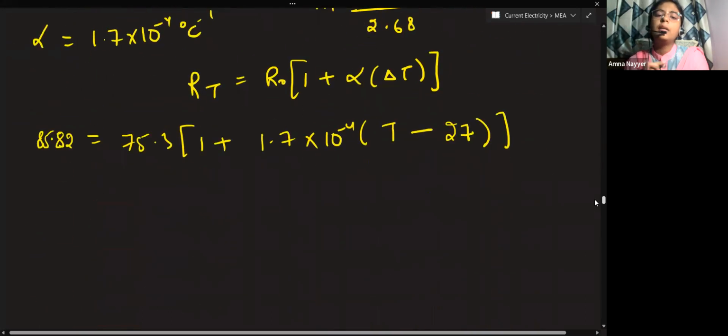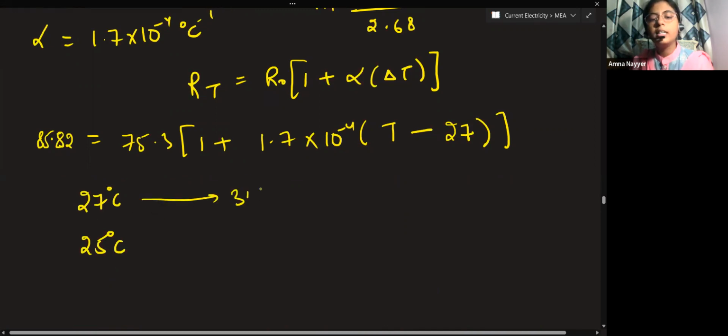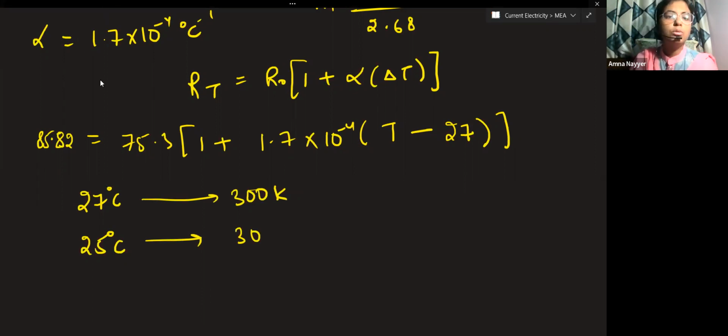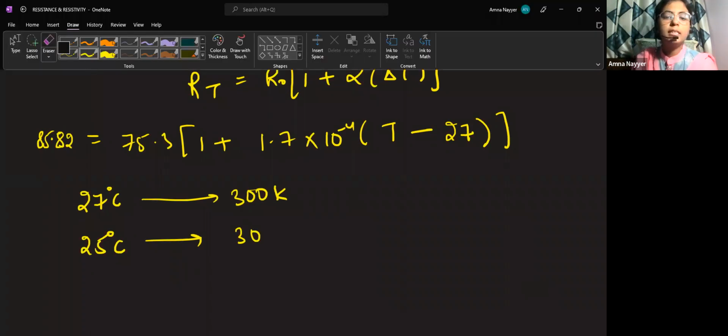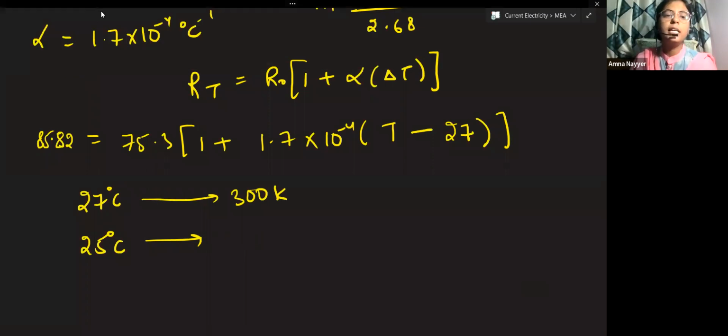See, why you don't need to convert a temperature difference. For example, take 27 degrees Celsius and 25 degrees Celsius. If you add 273, 27 becomes 300 Kelvin, and 25 becomes 298 Kelvin.